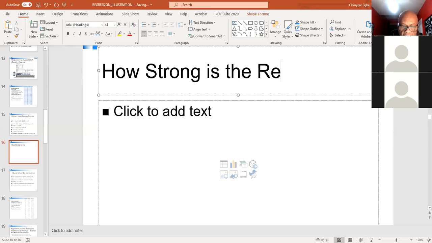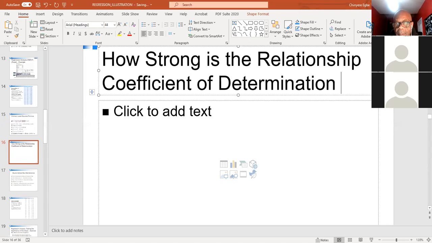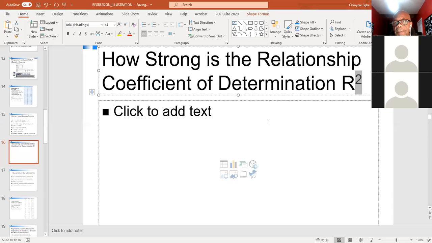That is what we call the coefficient of determination. I think we talked about it last time: r squared. So the coefficient of determination is r squared.